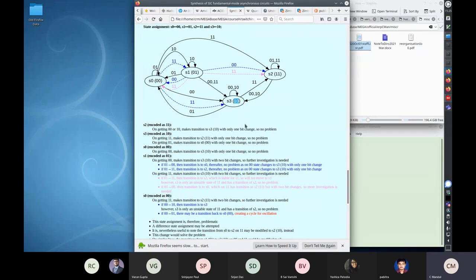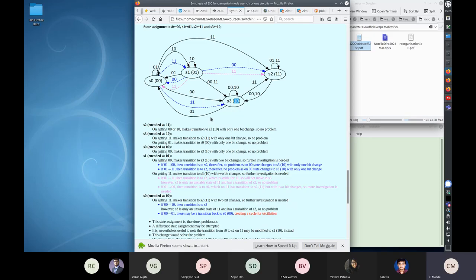What we have seen is that in practice, these bit changes will not occur exactly at the same time. Here it is 0 1, and 0 1 will not change to 1 0, because the 2 bit changes will not happen exactly at the same time.